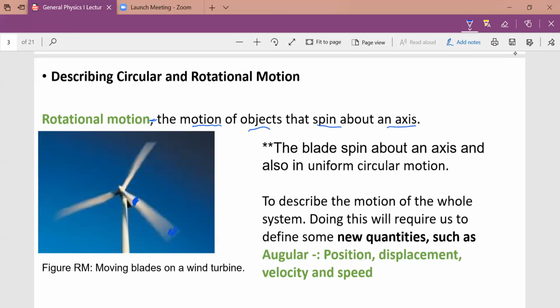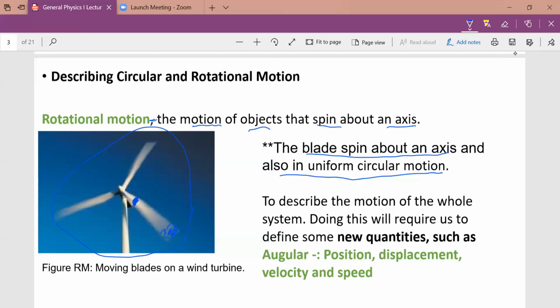So we see that the description of this kind of motion is really dynamic, because it is spinning about its own axis and at the same time taking a circular motion. We'll see a combination of the blade spinning about its axis and the uniform circular motion.